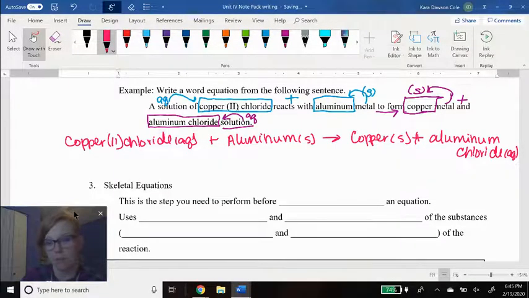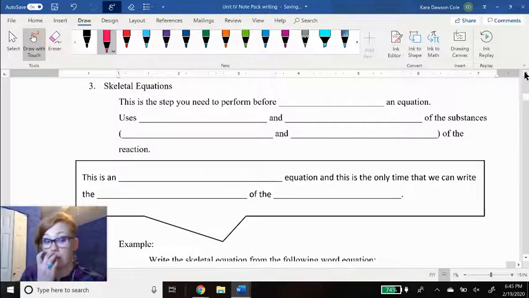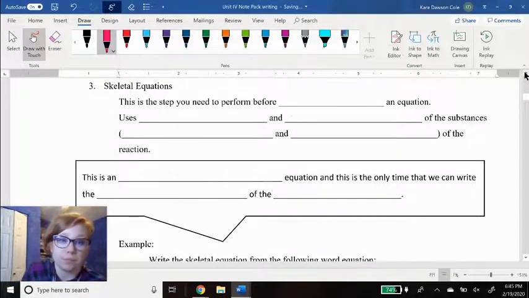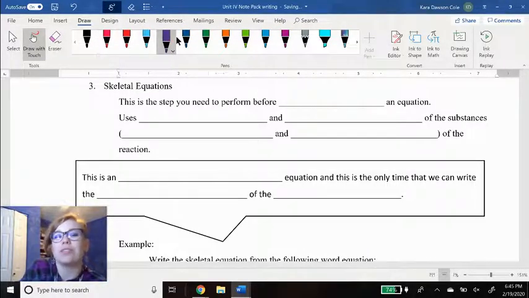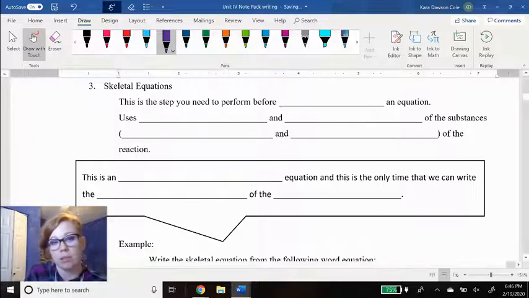That's it. The third way that we can describe a reaction is a skeletal equation. Even if you're not describing it as a word equation or a sentence, you are still going to have to go through the skeletal equation before you get to a balanced equation. So this is the step you need to perform before balancing an equation.